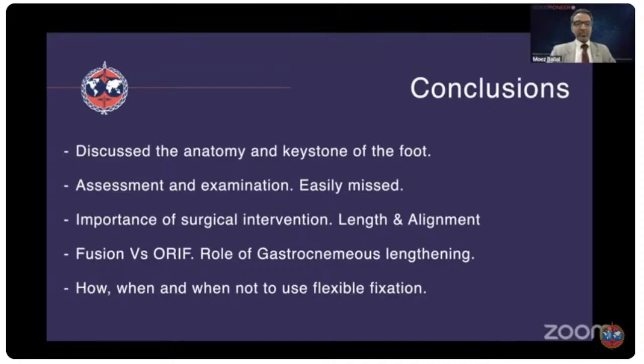And the importance of surgical intervention, length and alignment, like Lucky said, length and alignment, that's a really good way to put it. And then fusion versus ORIF, and an interesting concept of gastrocnemius lengthening in these injuries. And when, how, and when not to use flexible fixation, as Pradeep has mentioned. We can open the floor for any questions.